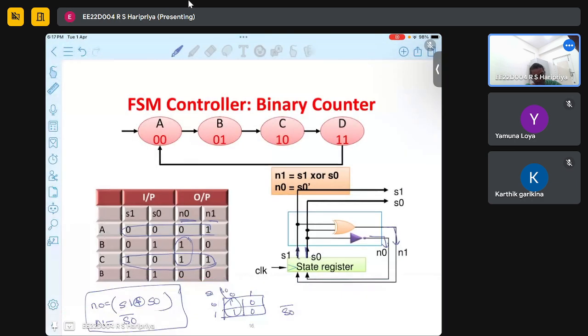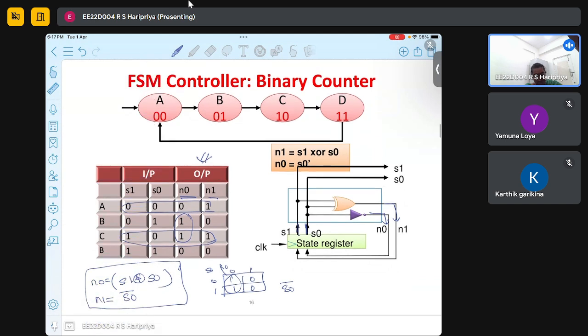We form the table of present state and next state, and we can use a K-map to simplify, and we obtain n0 as s1 XOR s0 and n1 as s0 plus 0.